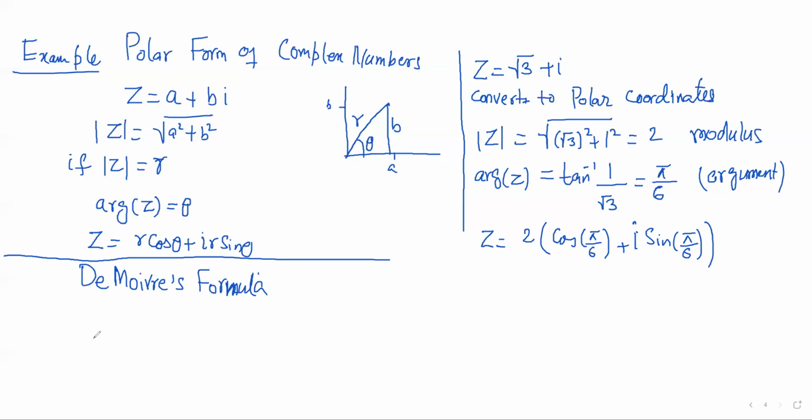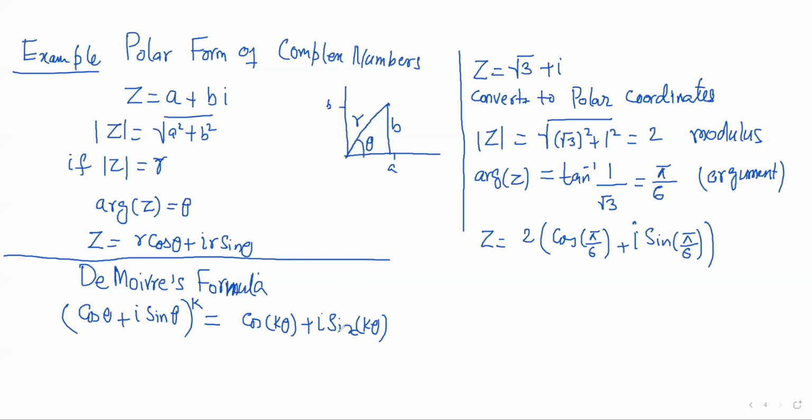What that formula says is that (cosine of theta plus iota sine of theta) to the power k is equal to cosine of k theta plus iota sine of k theta.